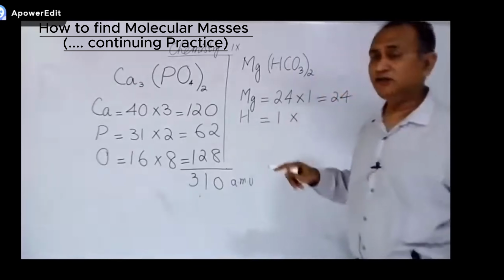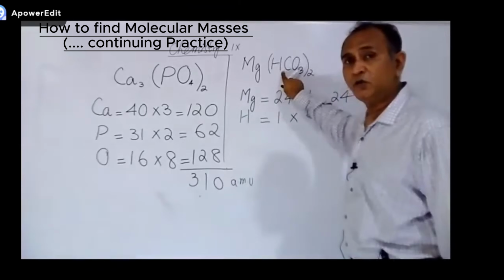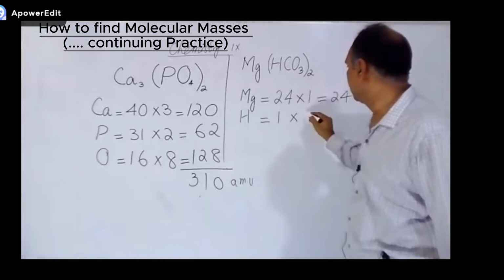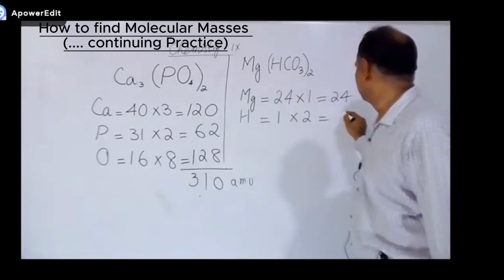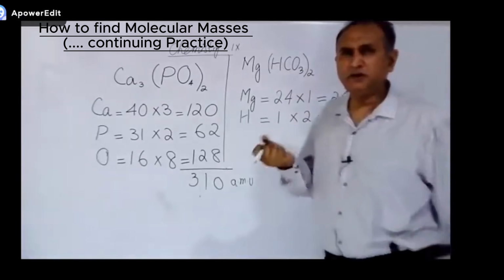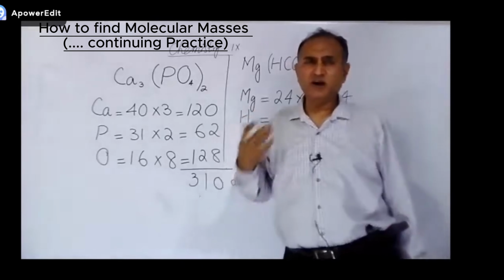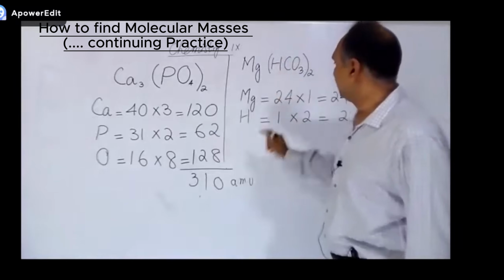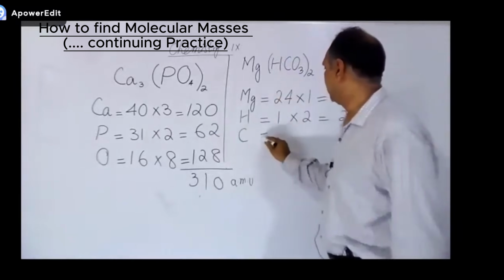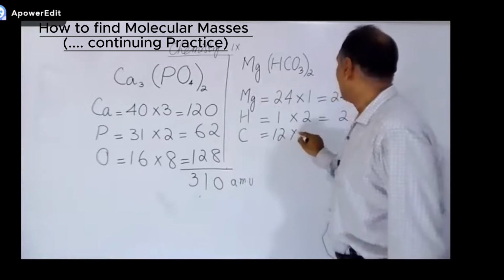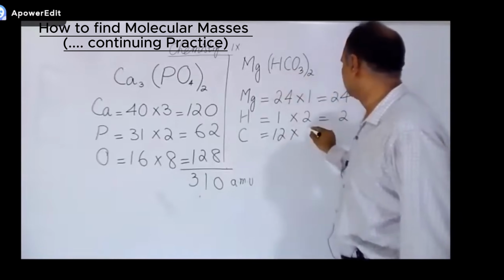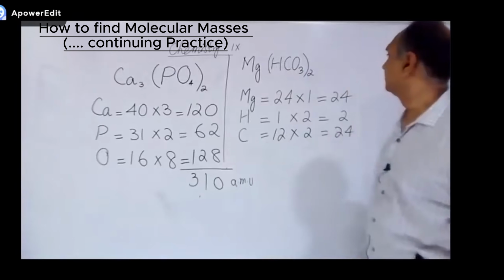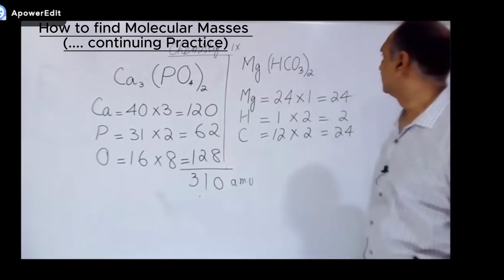Next, hydrogen. Mass of 1 hydrogen, 1. How many hydrogen do we have here? What is the subscript here? 1. It should be multiplied by 2. 1 twos are 2. I'm a little bit slower this time because I'm trying to convey it to you effectively. Carbon 12. How many carbons? 1 twos are 2, so 24.